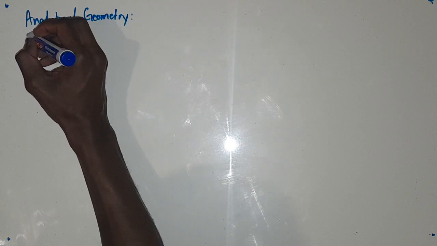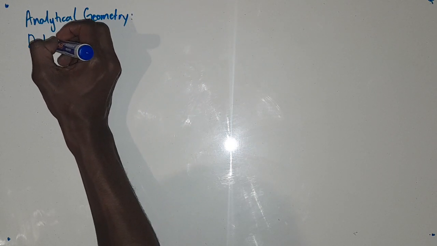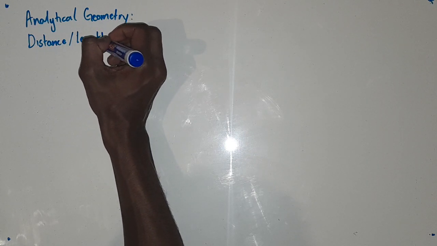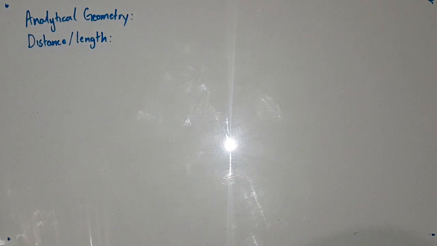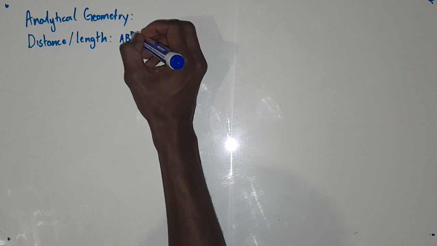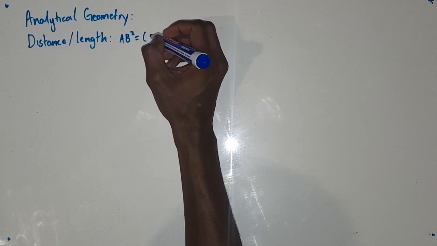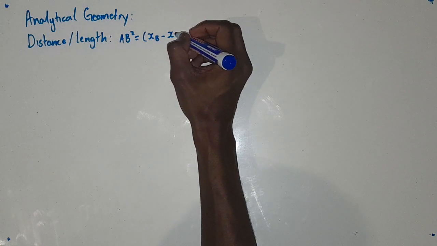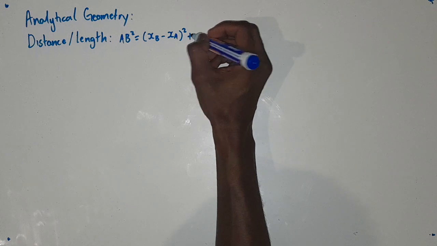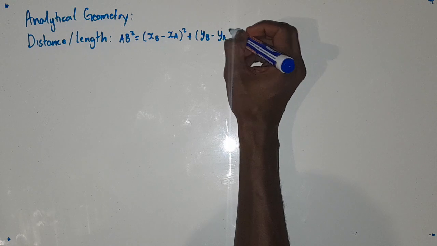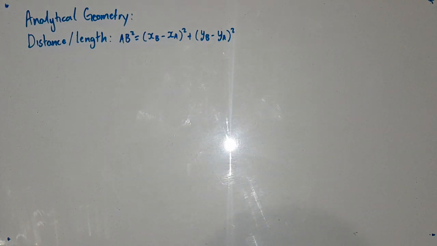Today we are going to consider the distance, or the length, which is given by the formula AB equals the square root of (xb minus xa) all squared plus (yb minus ya) all squared. It's so simple.